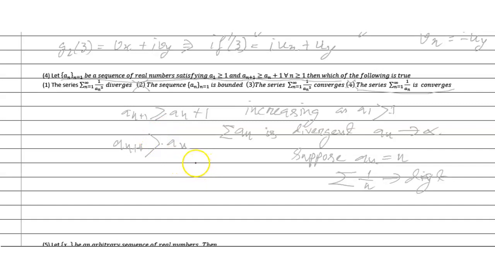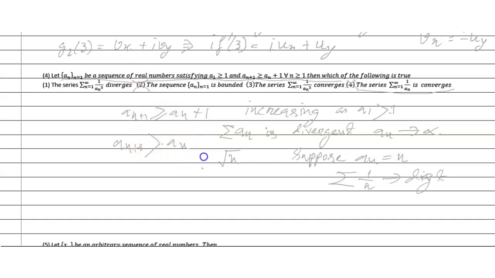So we cannot choose a_n equal to root over n, because there is another factor, obviously one difference.